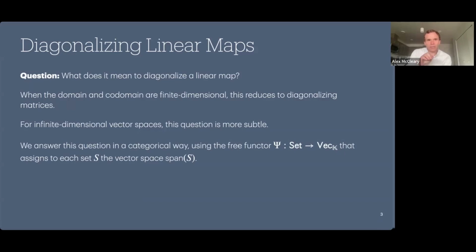This is a functor that takes any set and turns it into a vector space, where the vector space is just all finite linear combinations of elements of that set. So it takes any set to its span. And it takes a morphism: if you have a function between sets, you can easily extend that to a linear map between their spans. So this is the free functor right here.